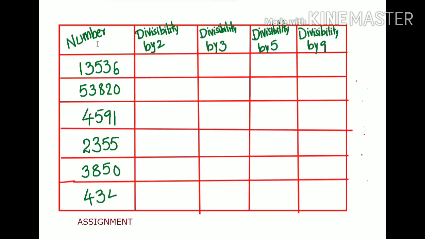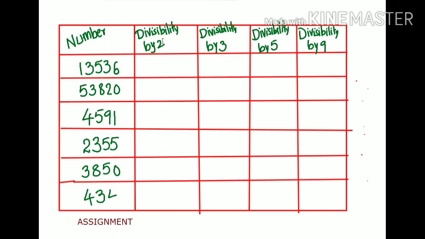Here is an assignment for you. Here some numbers are given. You have to decide whether the given numbers are divisible by 2 or 3 or 5 or 9 without actual division. I will explain one number. 13,536 number is here.